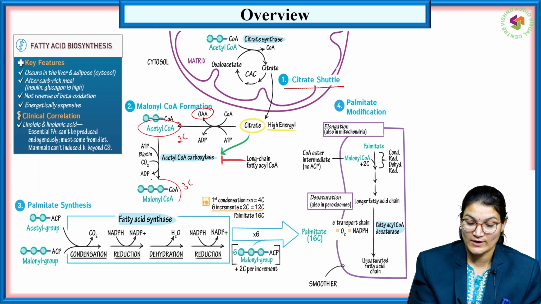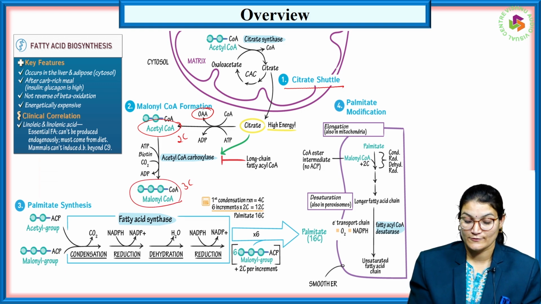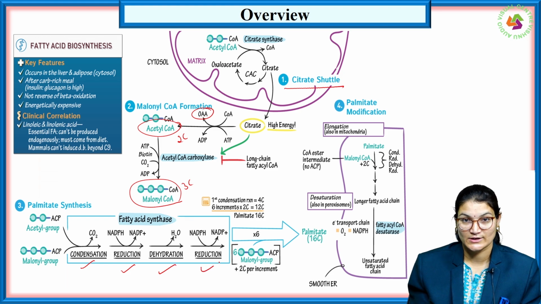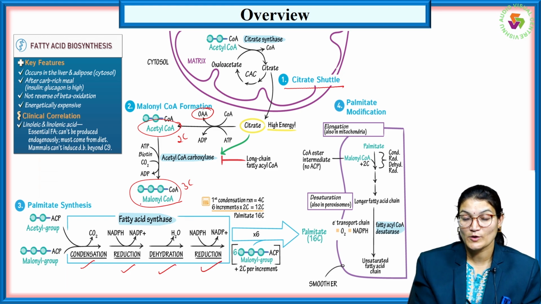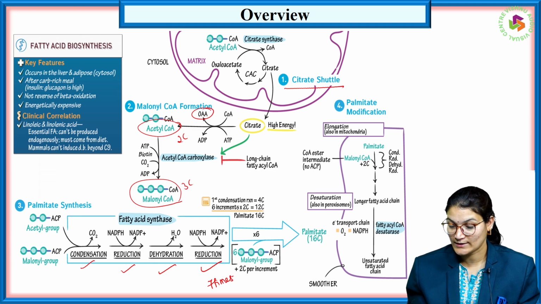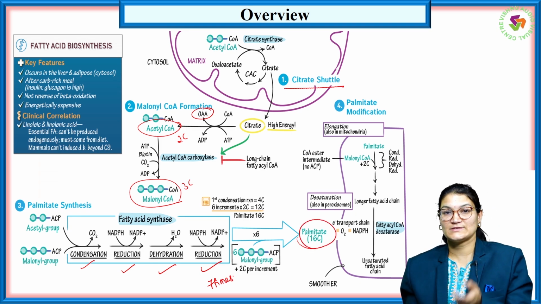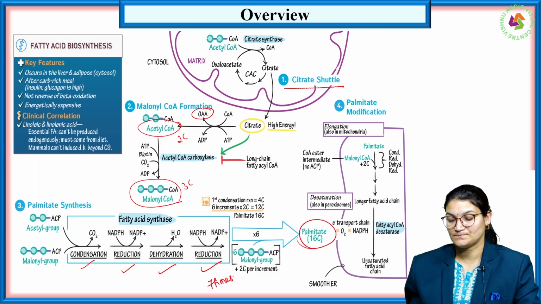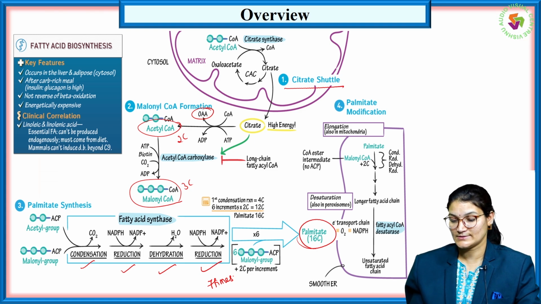Once this malonyl coenzyme A conversion is done, there are 4 steps, that is condensation, reduction, hydration, as well as reduction again. After this, the whole process will repeat 7 times to form the final product, that is palmitate, which is a 16-carbon chain or 16-carbon fatty acid.